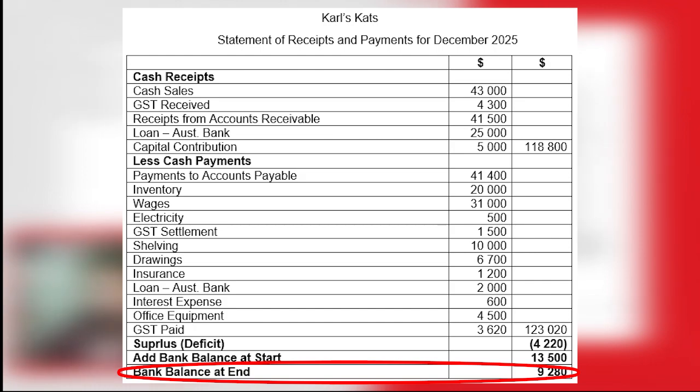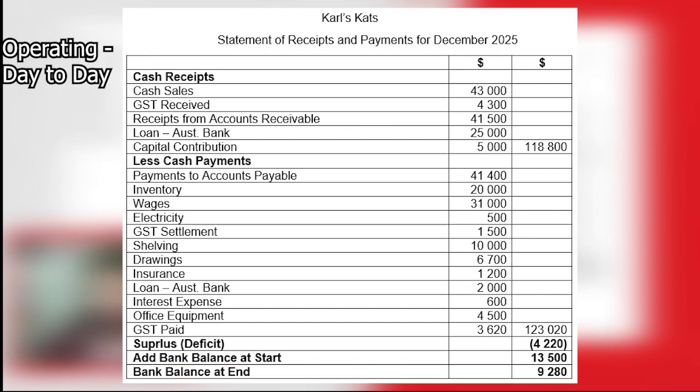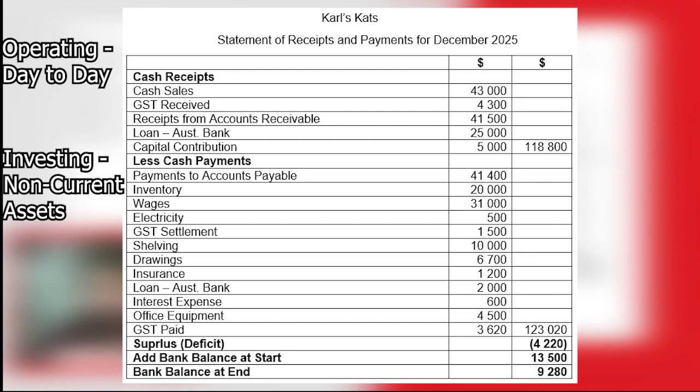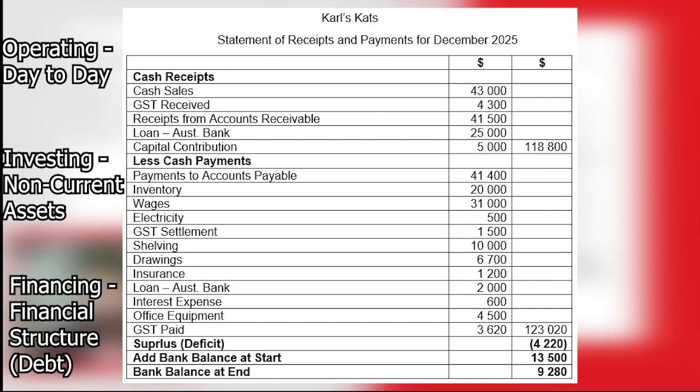We know that operating is day-to-day. We know investing is only non-current assets. And we know financing can only be related to the financial structure of the firm and can only be capital contribution, drawings, loans received, and loan principal paid. So the smart way of doing it is, let's identify the obvious first. Let's identify financing.